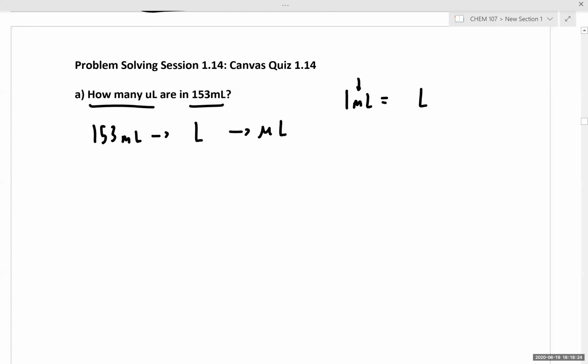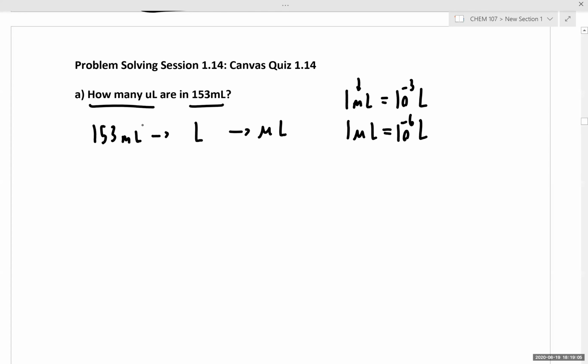What does the milli prefix correspond to? Ten to the -3, exactly right. Let's write out our second equality: 1 microliter. This symbol is the U for microliter. 1 microliter corresponds to how many liters? 10 to the -6. Yep, exactly right.